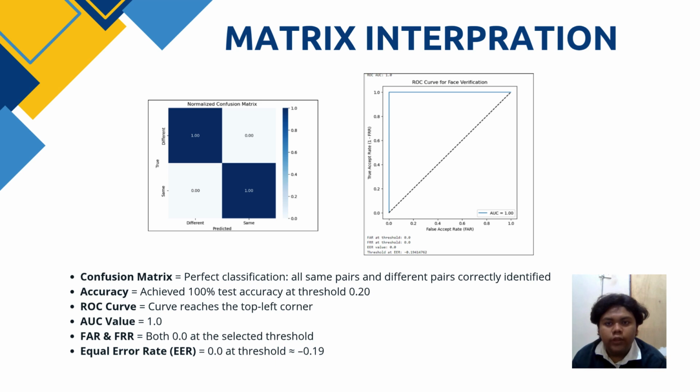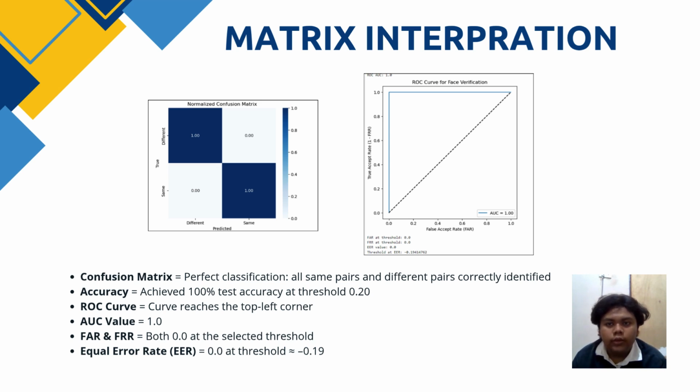For the AUC value, we get 1.0, which indicates the model perfectly distinguishes between genuine and imposter pairs. At this threshold, both FAR, which is false accept rate, and FRR, which is false reject rate, are both 0.0.